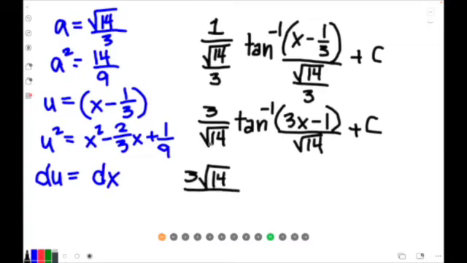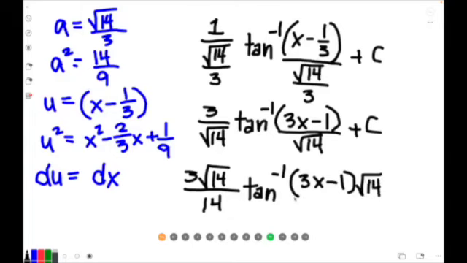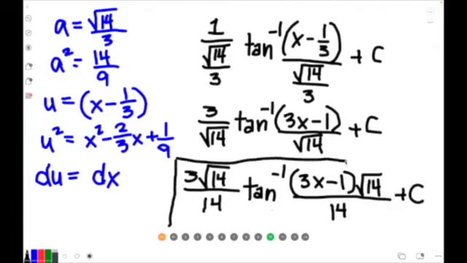So the denominator, square root of 14 by square root of 14, that would give us 14. So arctangent, this again, we multiply 3x minus 1 by square root of 14 all over 14 plus constant of integration, and the problem is solved. So this is our answer for this one.